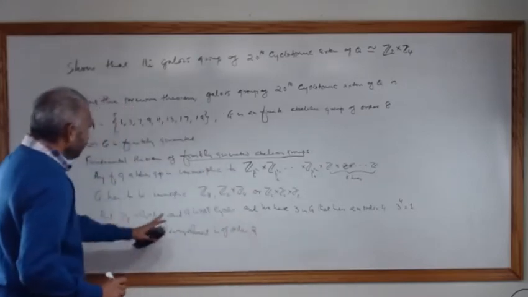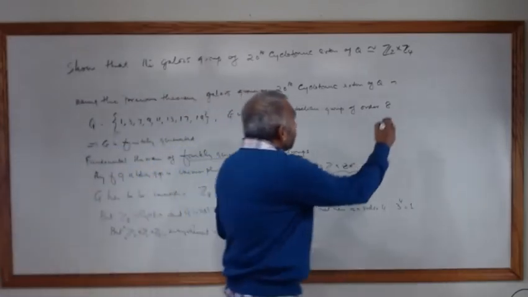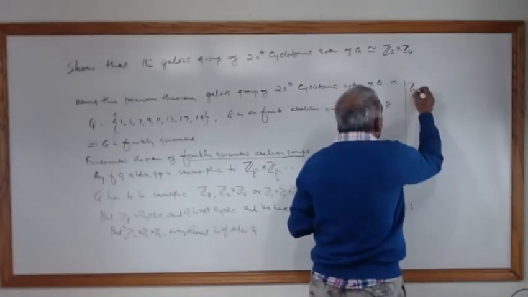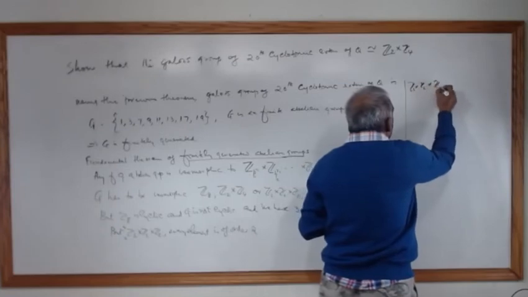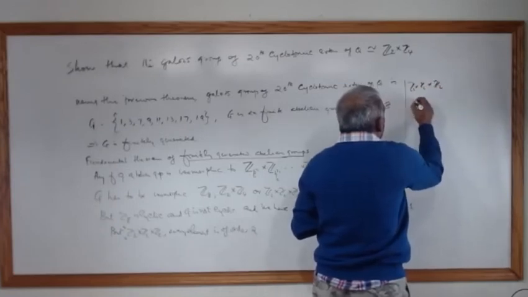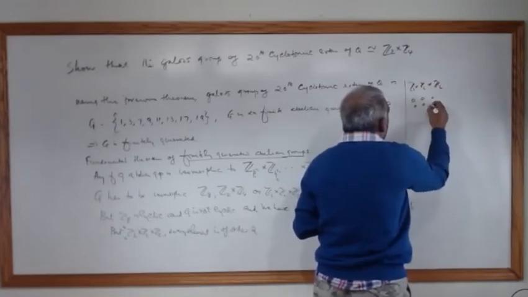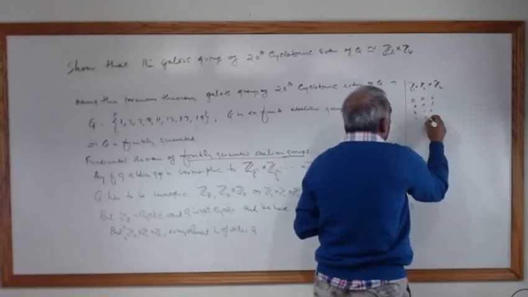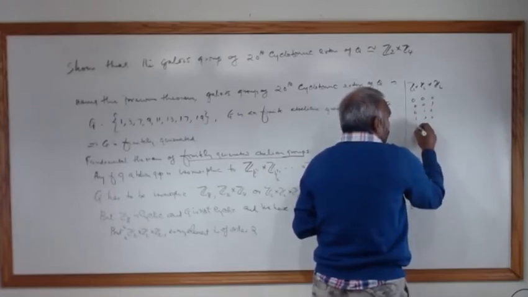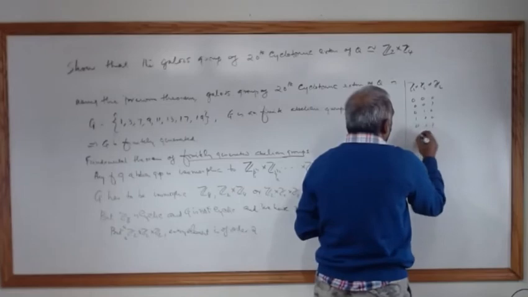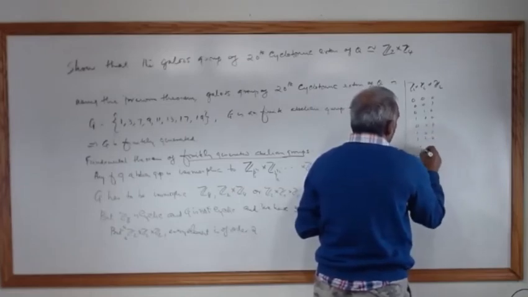If you take any element from here, the elements of Z2 cross Z2 cross Z2 are 0,0,0, 0,0,1, 0,1,0, 0,1,1, 1,0,0, 1,0,1, 1,1,0, 1,1,1.